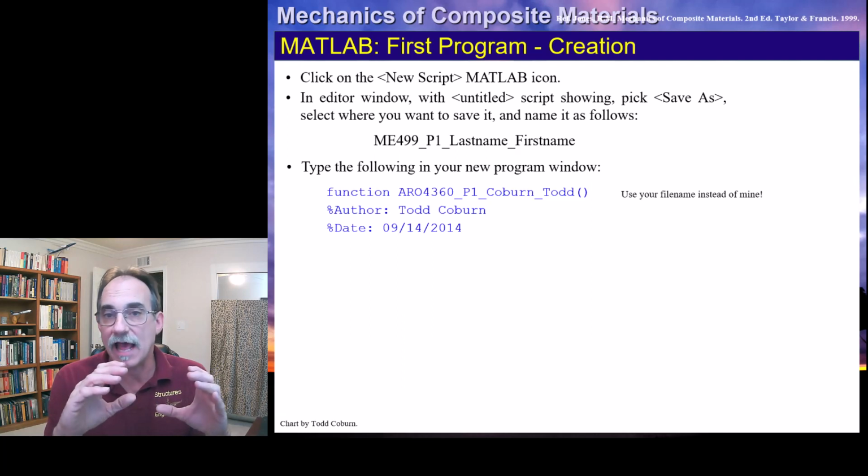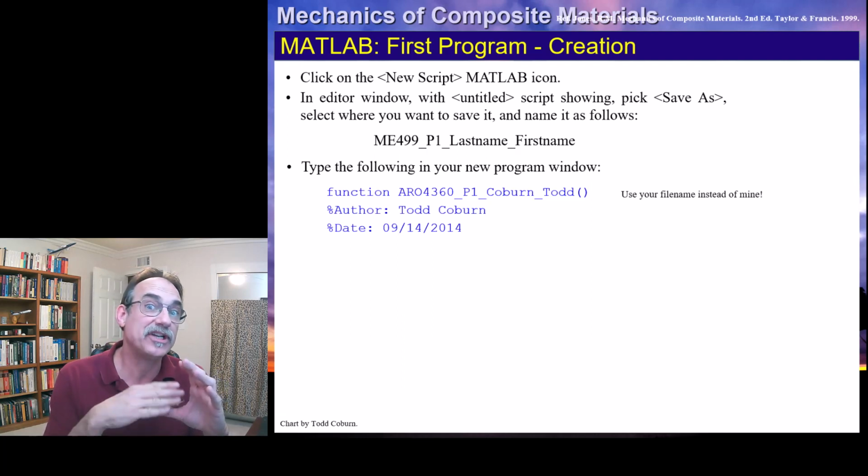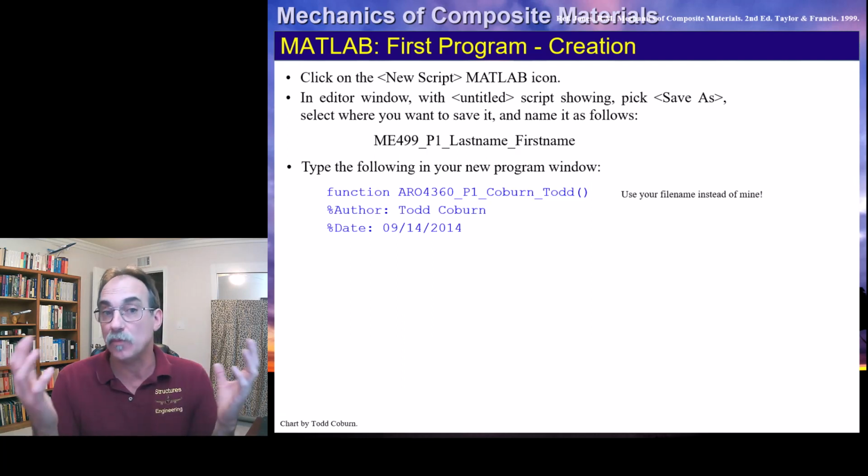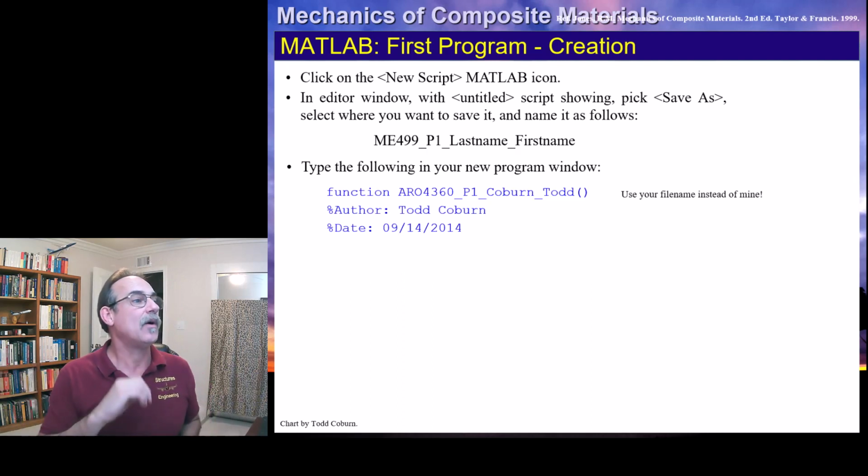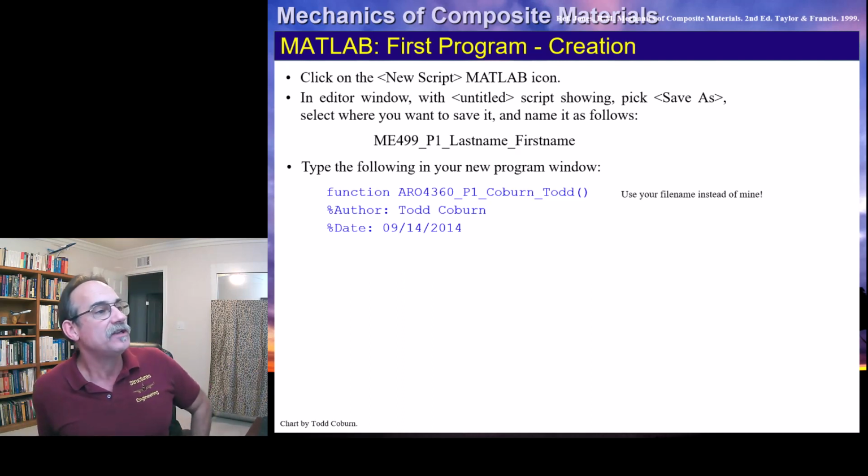Later we can learn how to use arguments going to and from the program to do more powerful things. Right now, just type function space and then whatever your file name is. In this case, my file name is Arrow 4360 underscore P1 underscore Coburn underscore Todd, open parenthesis, close parenthesis. Now the thing is, MATLAB doesn't like dashes in the title, but underscores are fine, okay?